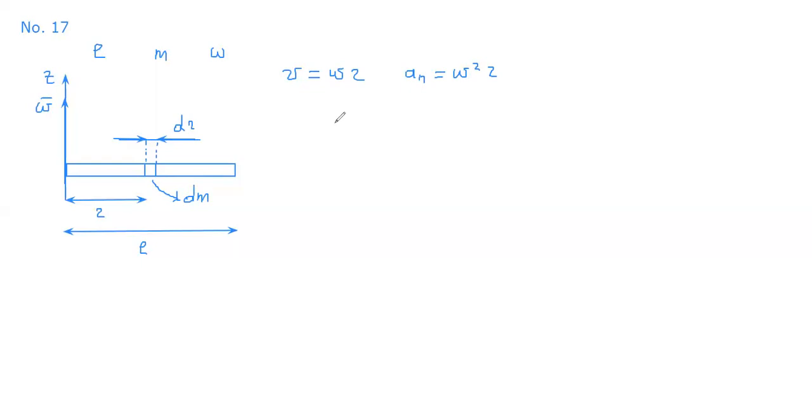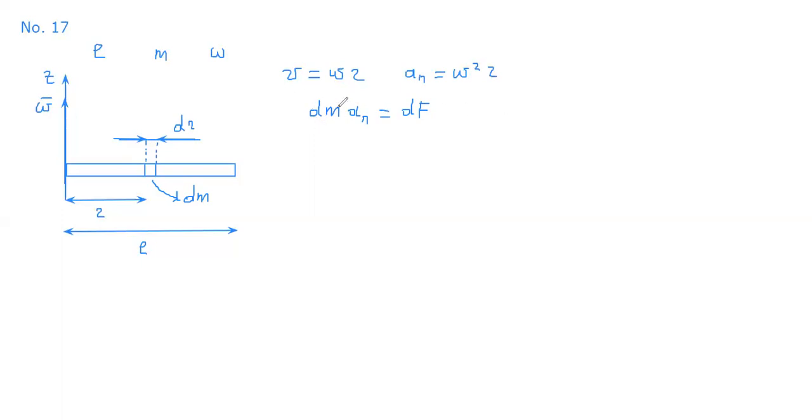According to the second Newton's law, dm multiplied by the normal acceleration is equal to some part of force that acts on this part of the rod.